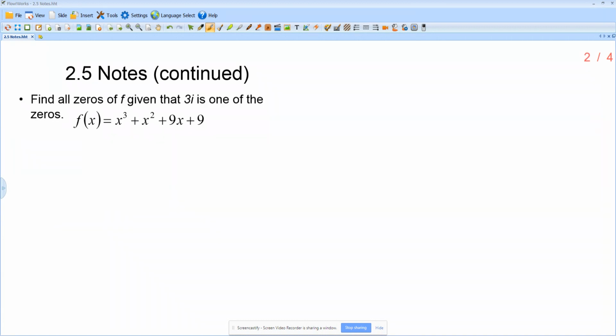All right, moving along, find all zeros of f given that 3i is one of the zeros. So knowing that 3i is one of the zeros, I have x equals 3i. And just like that previous problem, we can also say x equals negative 3i. And if we wanted, what we know then is two of the factors are x minus 3i, x plus 3i, which is the same as x squared plus 9.